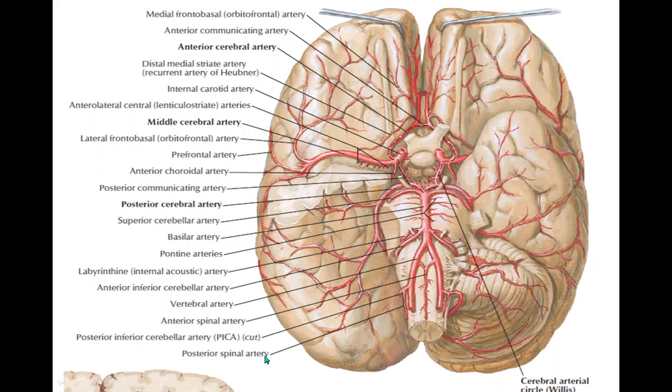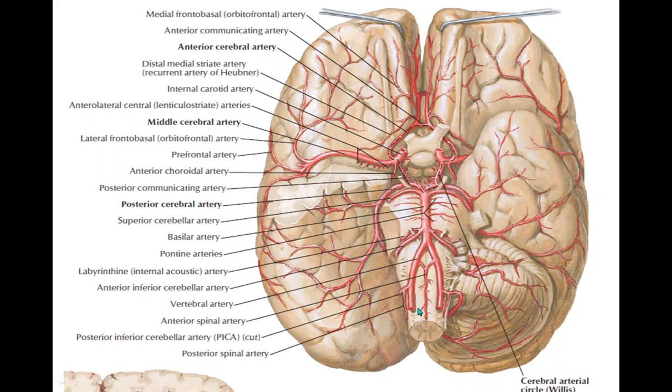If it arises from the posterior inferior cerebellar artery, then the first branch of the vertebral artery after entering the posterior cranial fossa is the posterior inferior cerebellar artery. So don't confuse cerebellar and cerebral. The first branch is the posterior inferior cerebellar artery if the posterior spinal is not arising from the vertebral; otherwise the posterior spinal will be the first.